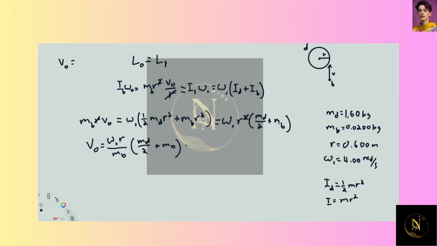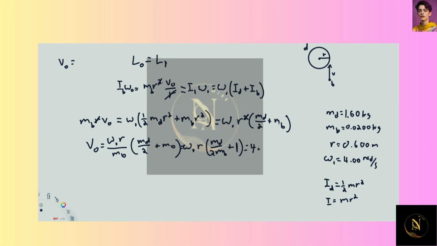Or if we distribute that, omega_1 r times m_d over 2 m_b plus 1. And then all we need to do is plug in our numbers.